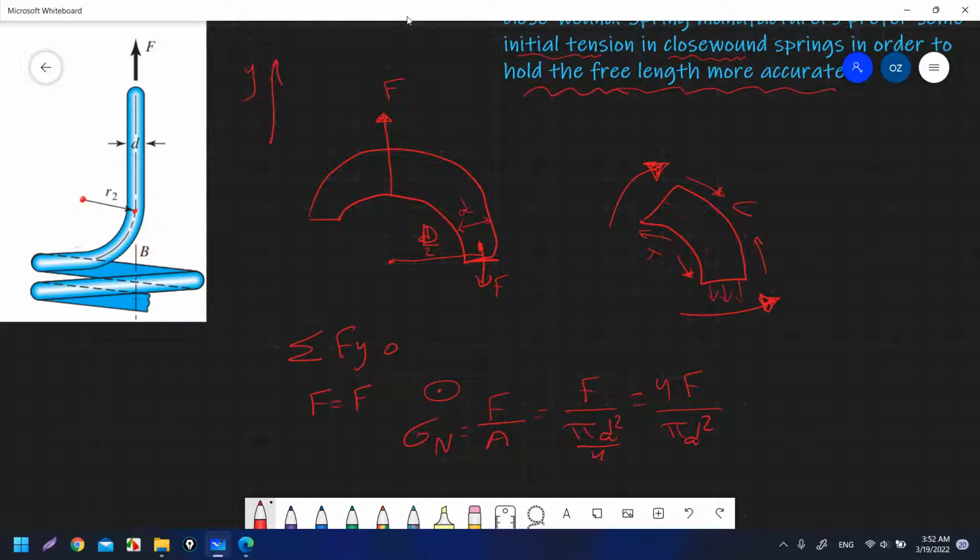So we will have a normal stress here, sigma n, and also we have bending stress. This bending stress is a type of normal stress.